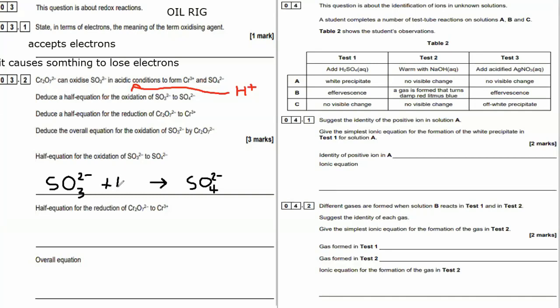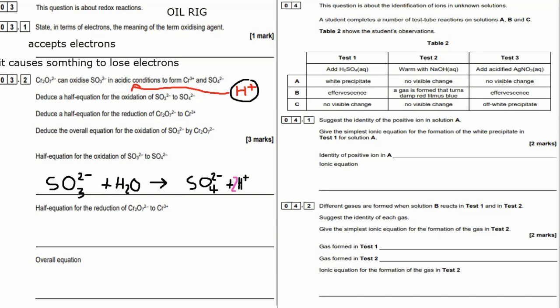Now, that's presented us with a new problem. We've got hydrogen ions on the left and not on the right. So what we need to go ahead and do now is add 2 hydrogen ions to the right. And we got a clue with that in the question when they mention acidic conditions. So we're going to have 2 of these H+ ions. Need to put a little 2 here. And that's all balanced up.